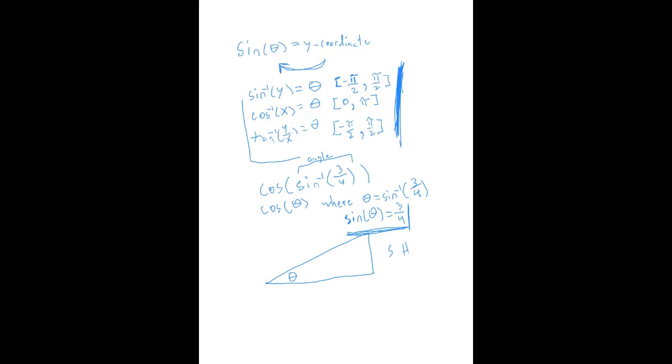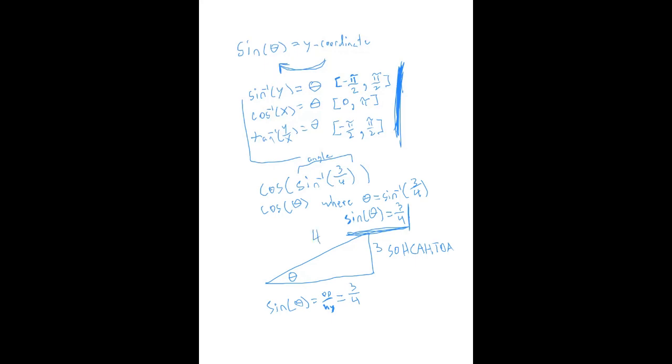I also know that my SOHCAHTOA rules hold for my right triangles. So sine of theta is equal to opposite over hypotenuse. But if this is equal to 3 over 4, I can go ahead and call the opposite side 3 and the hypotenuse 4.